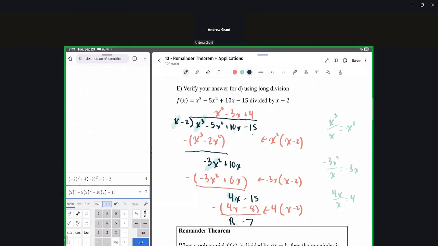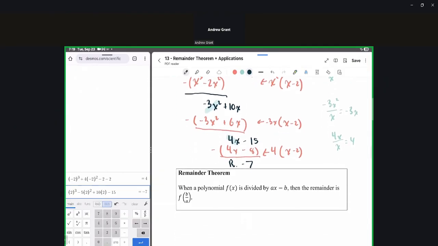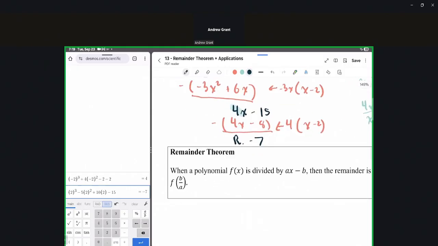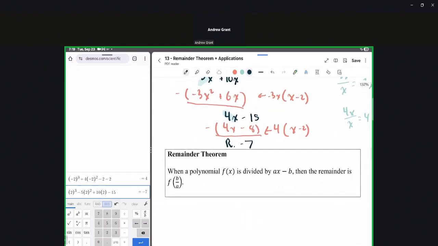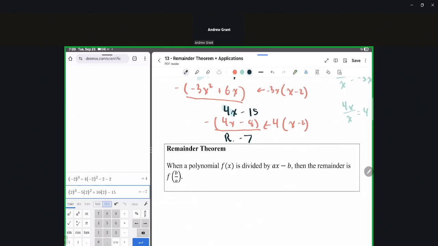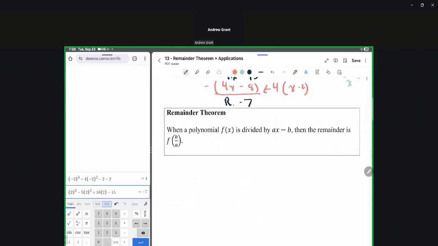So there is an extension of the remainder theorem. In general, when a polynomial f of x is divided by ax minus b, then the remainder will be f of b over a. For an example, say we want to take f of x and divide it by 3x plus 4.